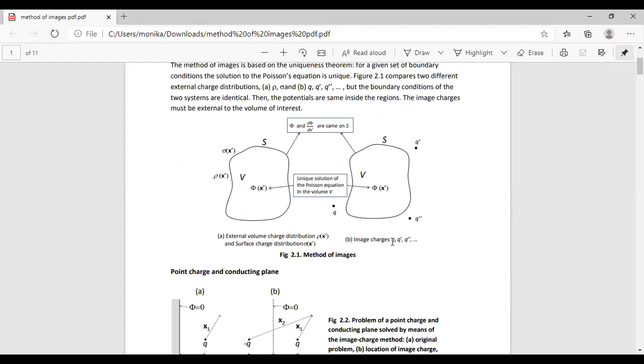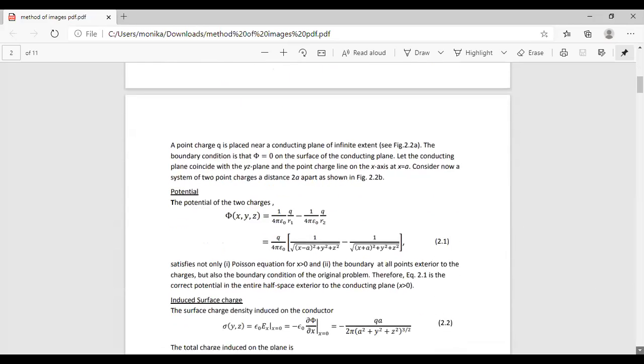If we have an undetermined symmetry, where we don't know the shape, how will we solve the problem? Where will we put the image charge, from where can we get the potential? These types of problems are classified as complex problems in electrostatics.